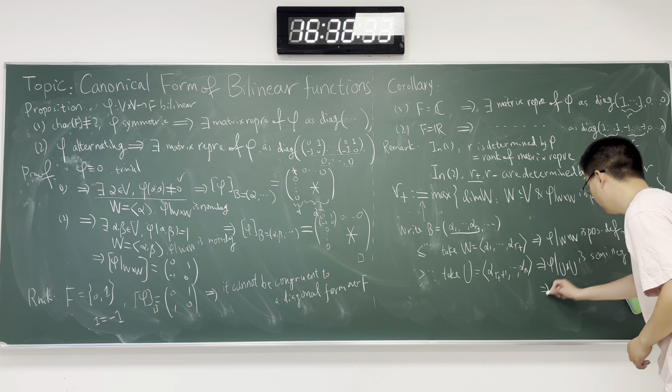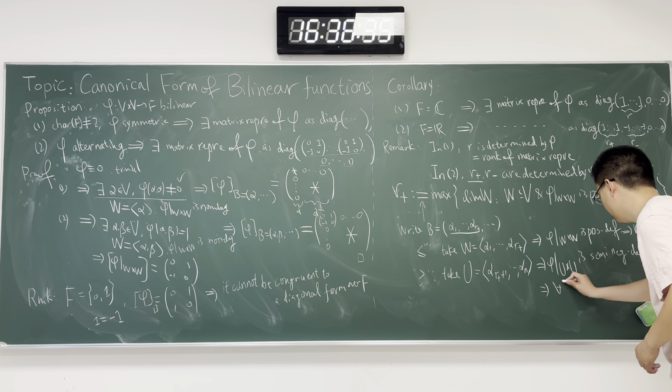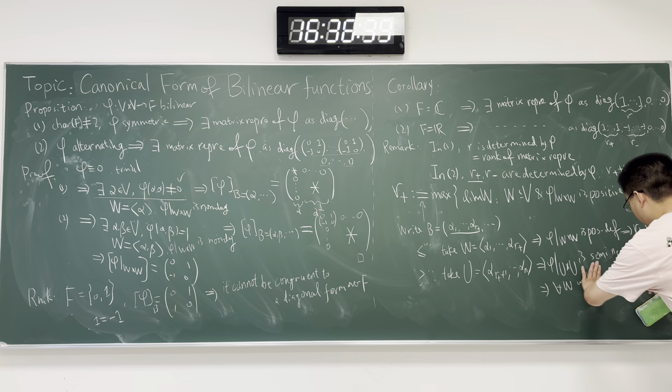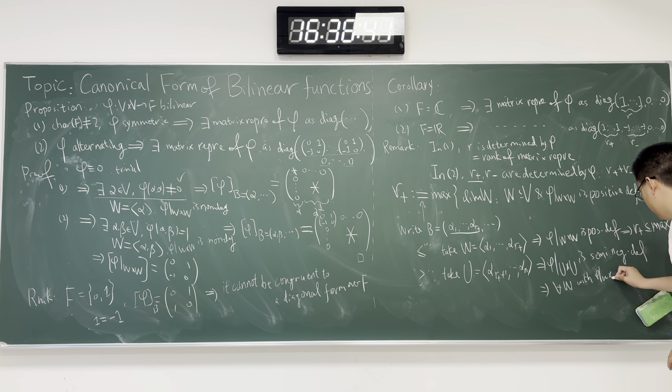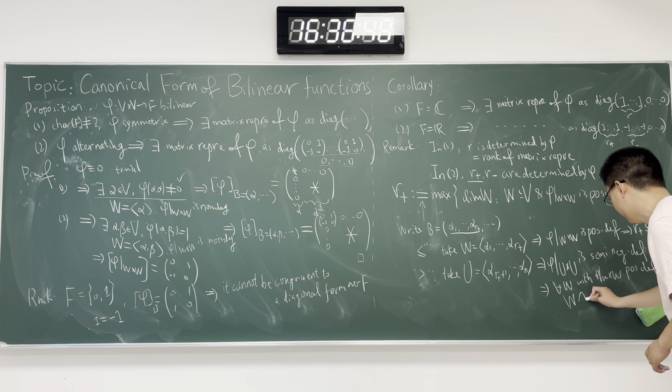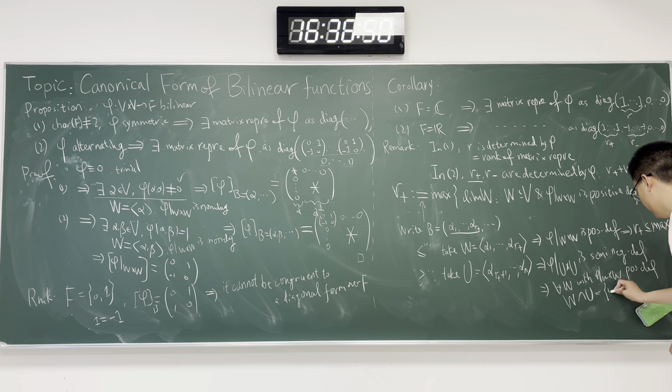So it means that any W from above, with phi restricted to W positive definite, must have trivial intersection with U, right?